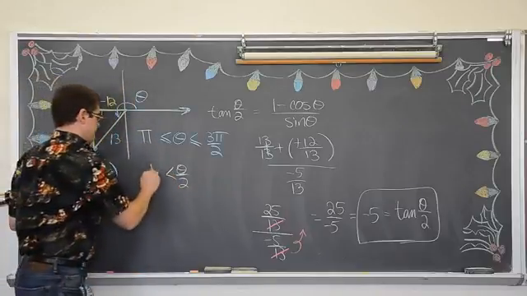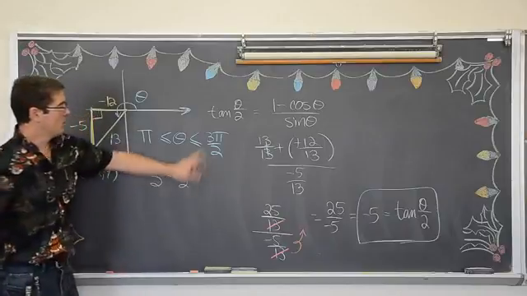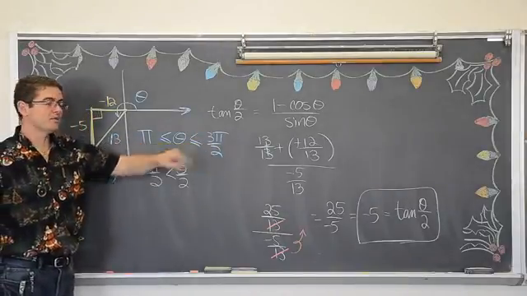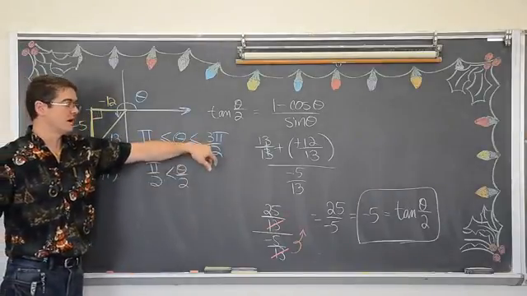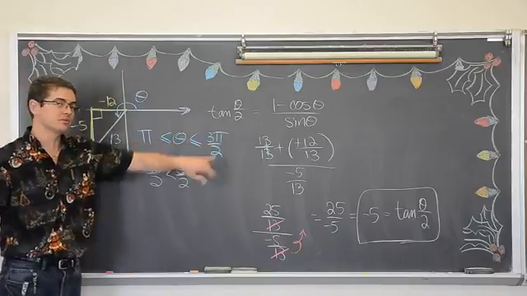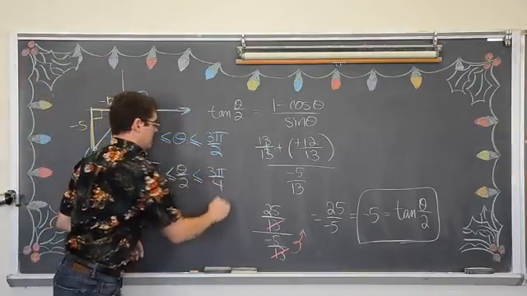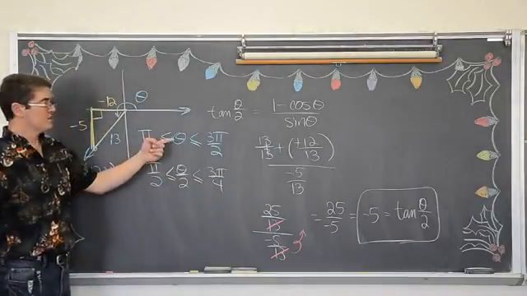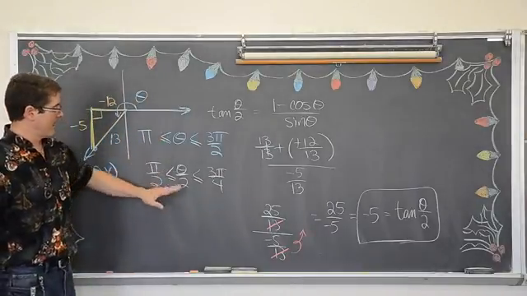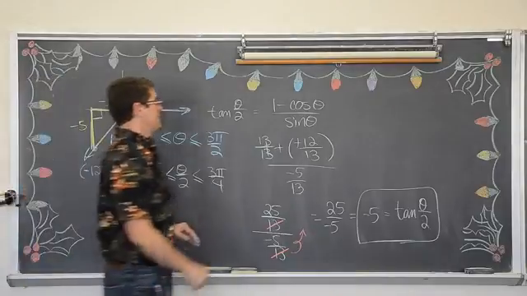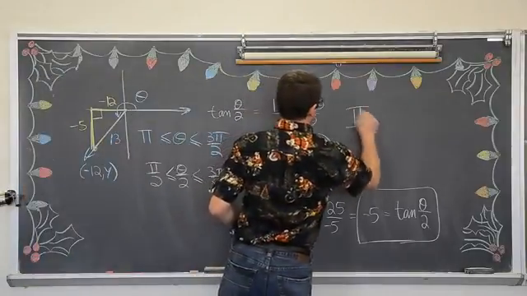Pi over 2. And what's half of 3 pi over 2? It's 3 pi over 4. So my original angle is in quadrant 3, but my half angle is in quadrant 2.